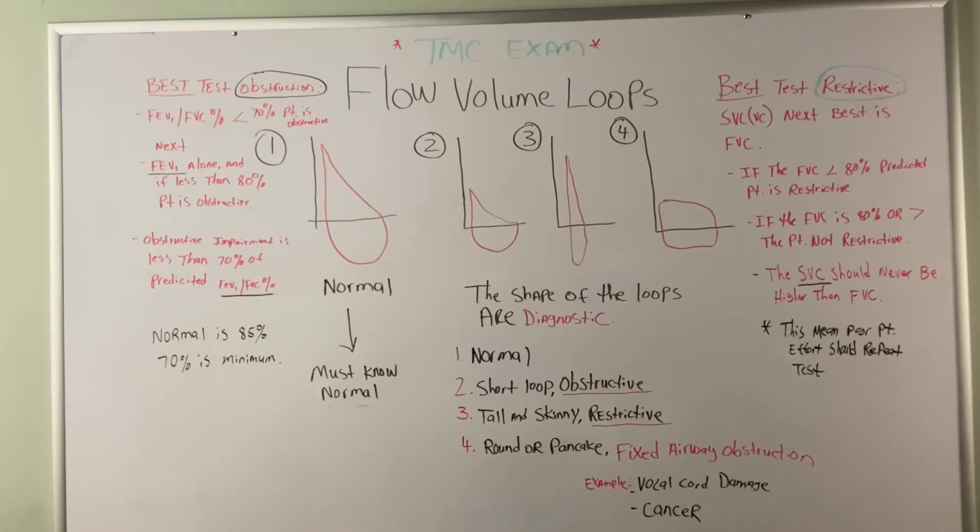You will have more than enough questions when it comes to obstructive and restrictive disease. And remember that you also have to continue to study the degree of severity. So there's mild, moderate, and severe obstruction, mild, moderate, severe restrictive, and there's also combined obstructive and restrictive.